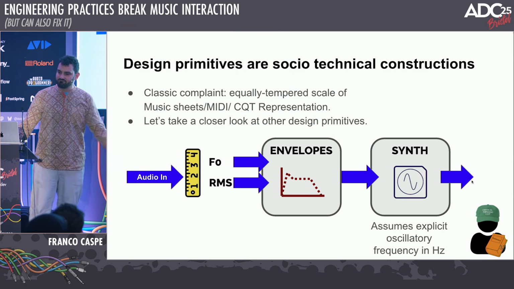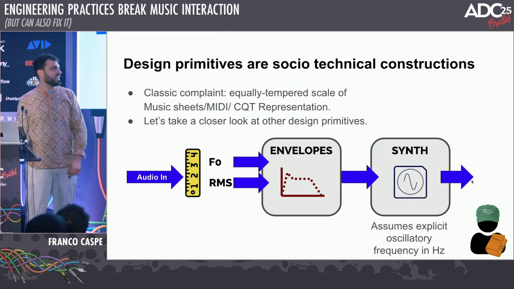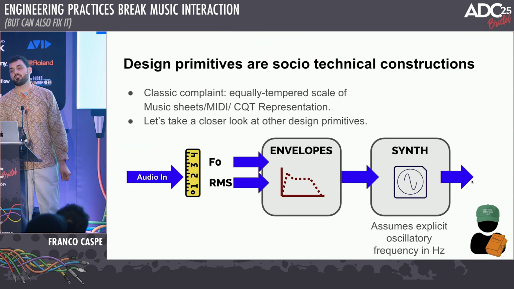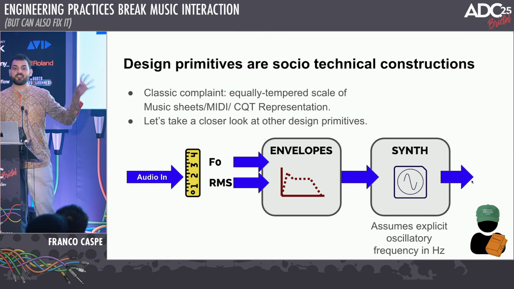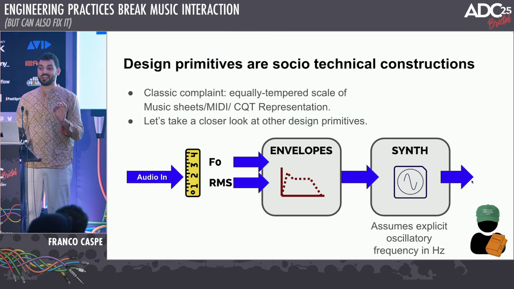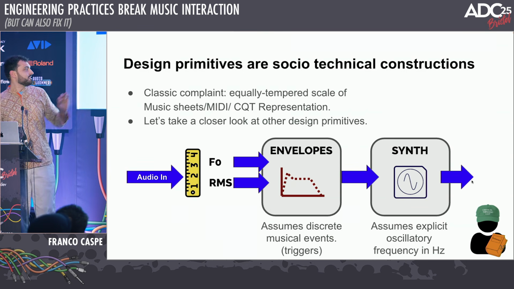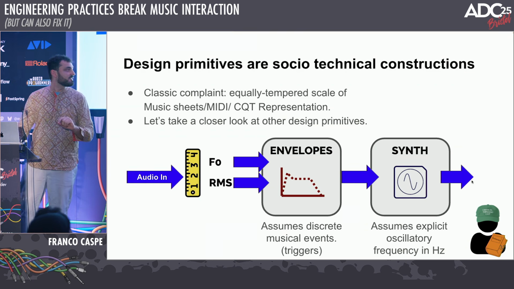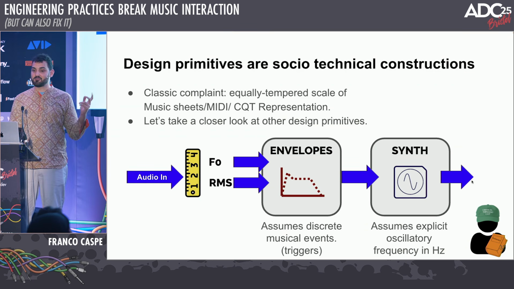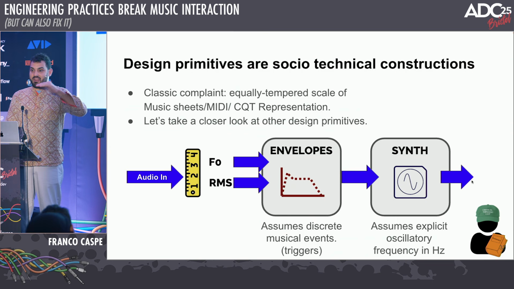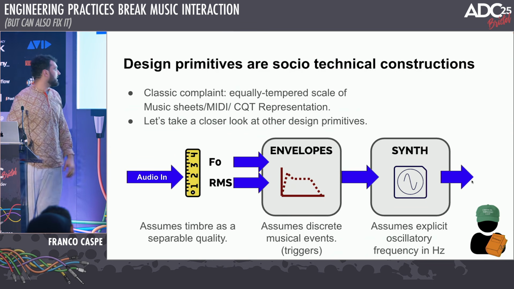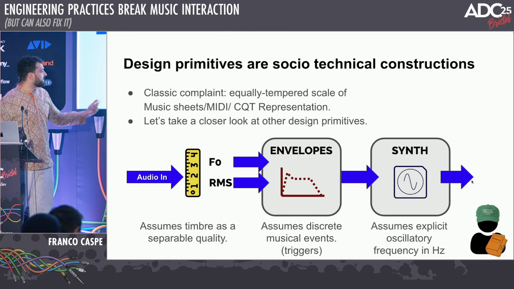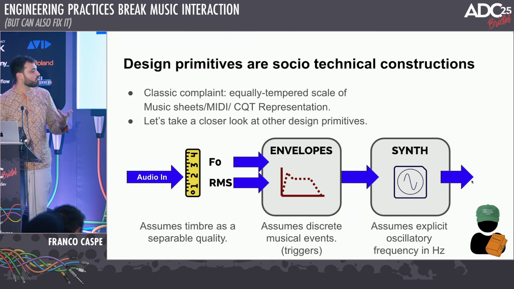So the problem is that the bank of oscillators assumes an explicit oscillatory frequency in hertz. That's already forcing me to have in my system the existence of a really clear fundamental frequency. The envelopes assume discrete musical events because somebody has to trigger them, so they're either off or on. And of course, we have this idea of separating timbre as a measured quality.